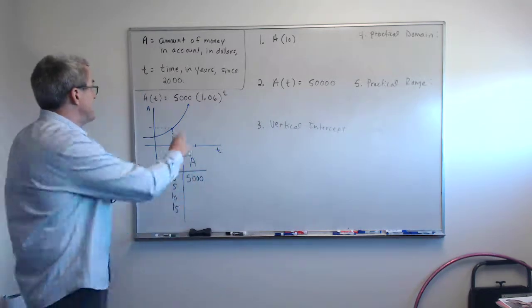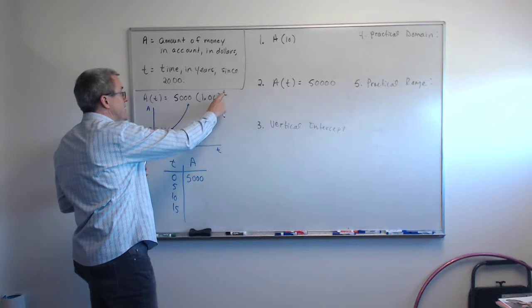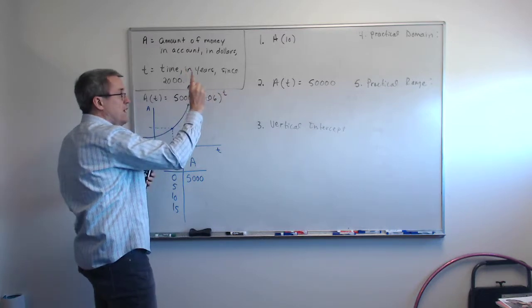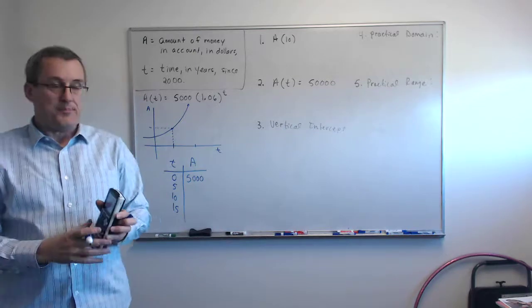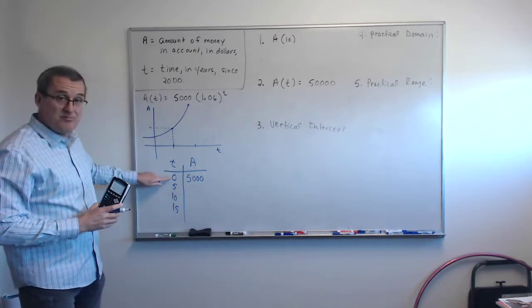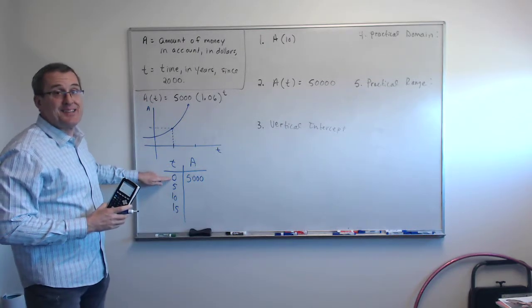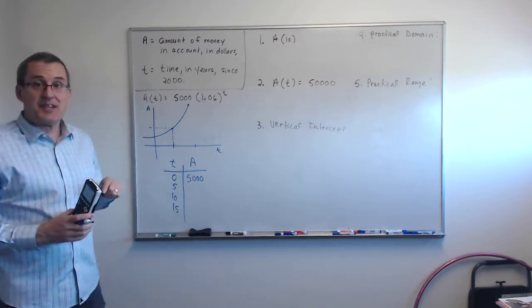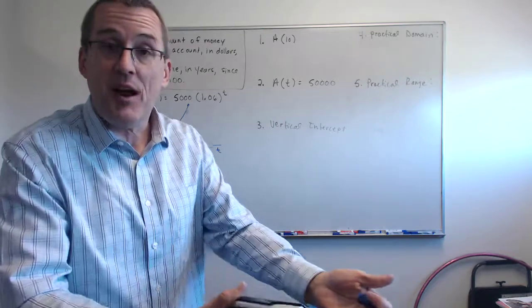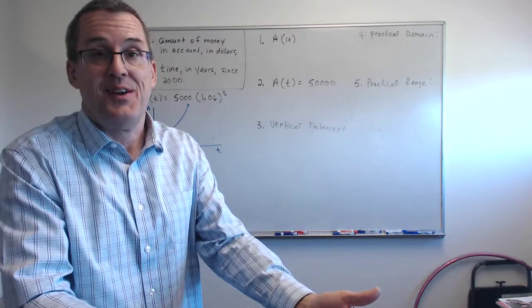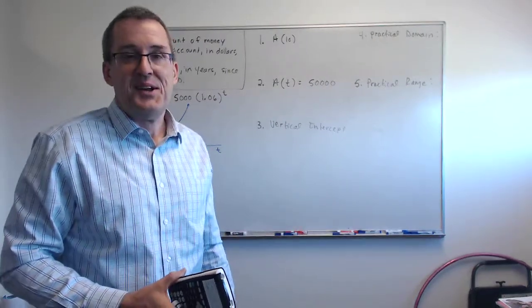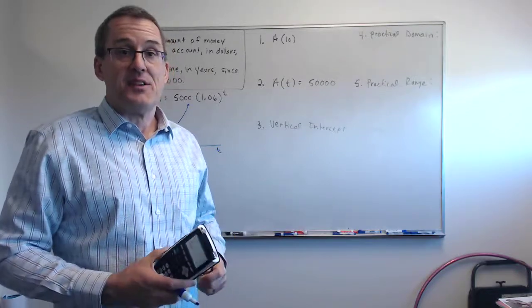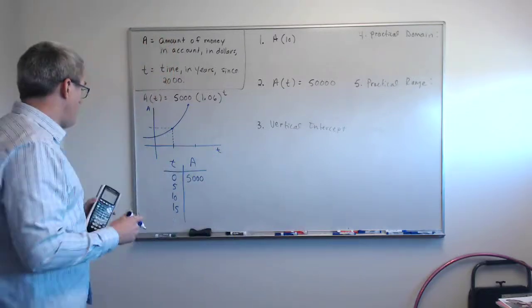It actually does, because 1.06 raised to the power of 0 is 1, and then 1 times 5,000 is 5,000. What does that mean? When time is 0, no time has gone by yet. There's $5,000 in this account. You know why? Because I brought it there. I put the money in the account, or I went online and deposited it online. So I put 5,000 in the account initially when time is 0.